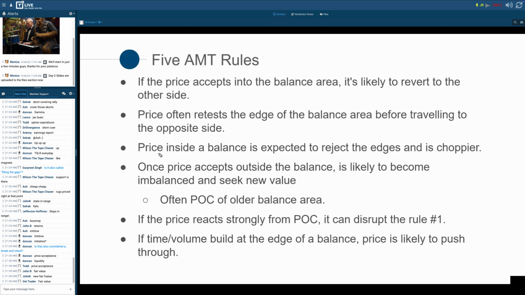It's looking for supply. If the price reacts strongly from POC, it can disrupt rule number 1. And finally, if time and volume build at the edge of balance, price is likely to push through. That is one of our favorite accumulation schematics, and also distribution schematics.